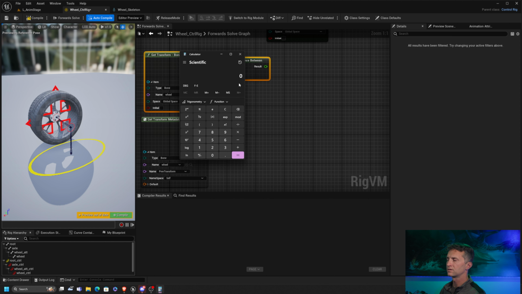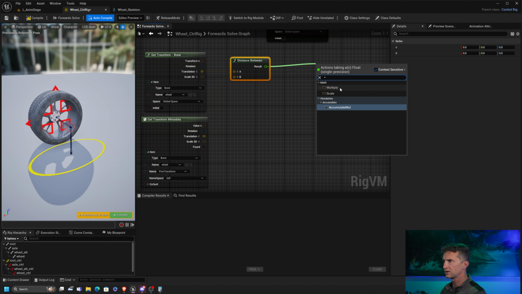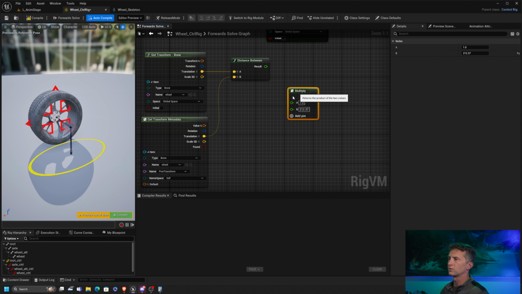Okay, 33.8 times 2 times pi. Here's pi. Equals 212.37. So let's roll with that. 212.37. I'm going to multiply 212.37. Now I just did that to temporarily hold this.